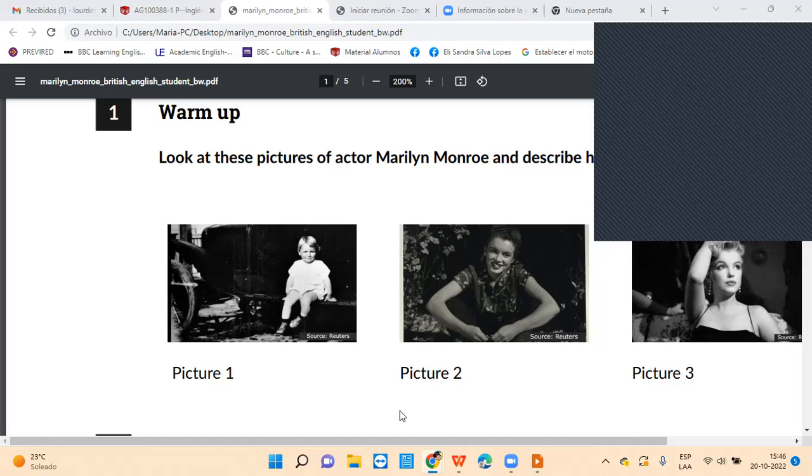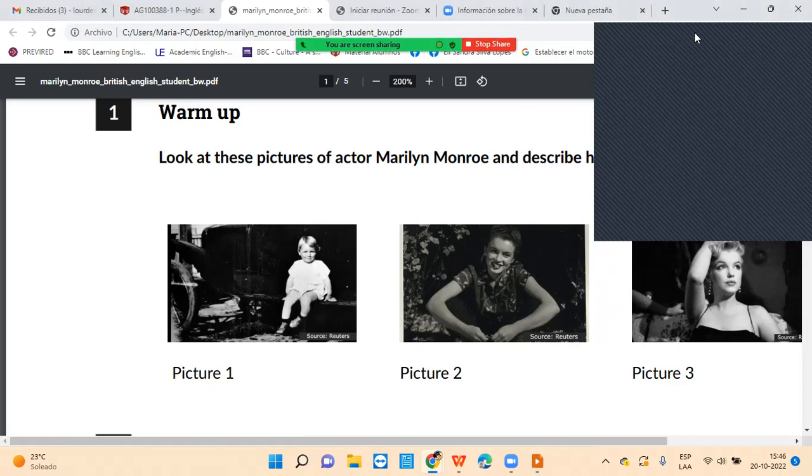Okay, well, we're going to read about her and listen about her life. Here we have 3 pictures of her life. When she was a very young little girl, when she was young, and when she was a bit older.